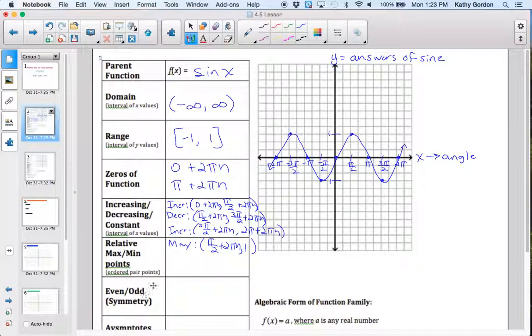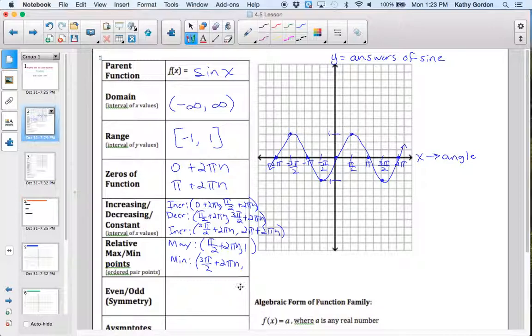Okay? And then where's our minimum value in the first period? 3 pi over 2. 3 pi over 2. 3 over 2 pi is different. So 3 pi over 2, that's the one that's going to get the adjustment to show everything.